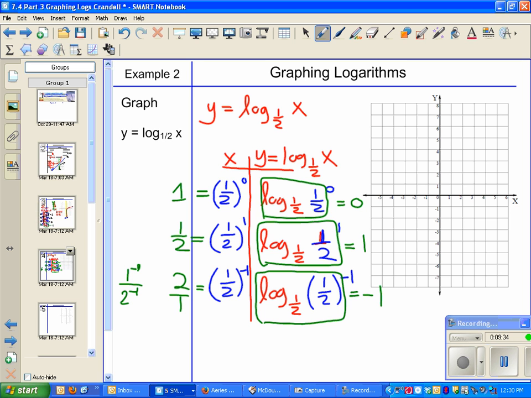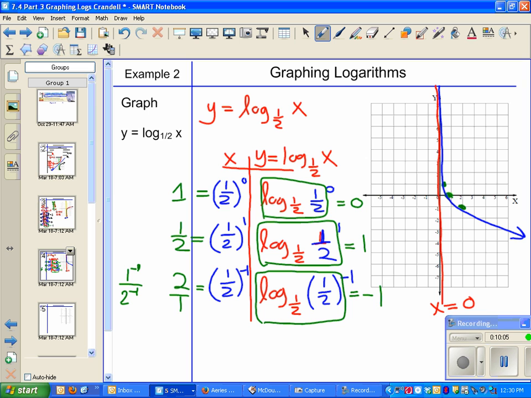So we're going to have (1, 0), (1/2, 1), and our x value of 2 and negative 1. Okay, so it's still going to our asymptote at x equals 0. It's still going there, but now it's going backwards because of the fraction. So it's getting super close to the asymptote, going through our points and going out that way.